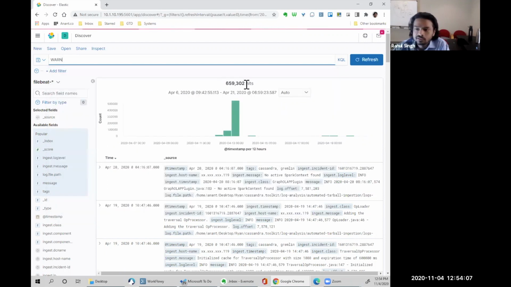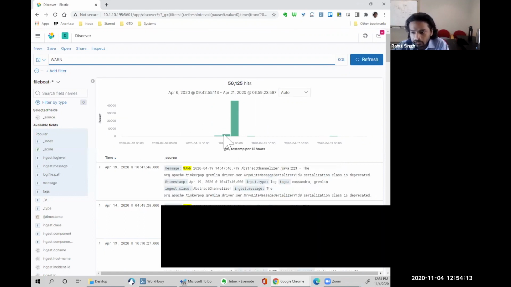there's 659,000 errors, not errors. Let's just say there's 659,000 entries. But if you note, a lot of other stuff was happening. 609,000 more things happened, but 50,000 of them show us warnings. But it's in the same pattern. That's what's interesting. These warnings correlate with the number of messages that were there before.